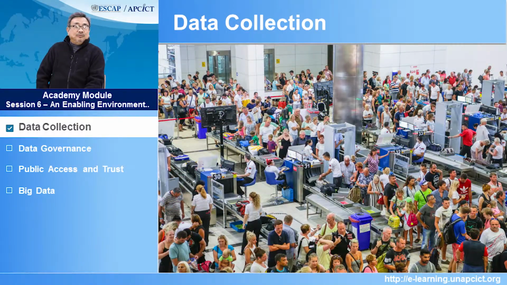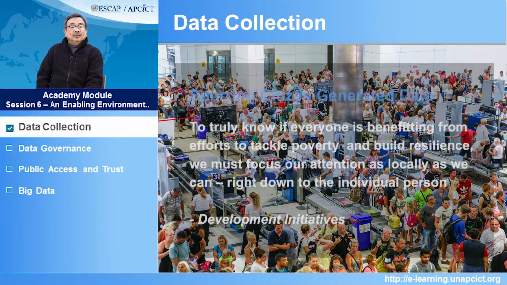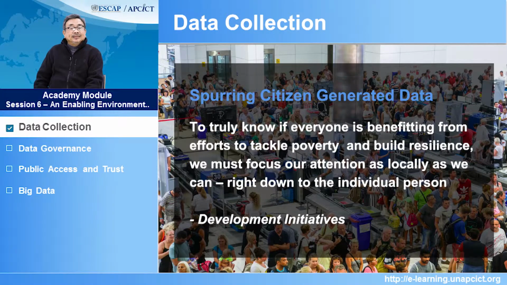The third area of focus in strengthening data collection is spurring citizen-generated data. According to the development initiatives, to truly know if everyone is benefiting from efforts to tackle poverty and build resilience, we must focus our attention as locally as we can, right down to the individual person.